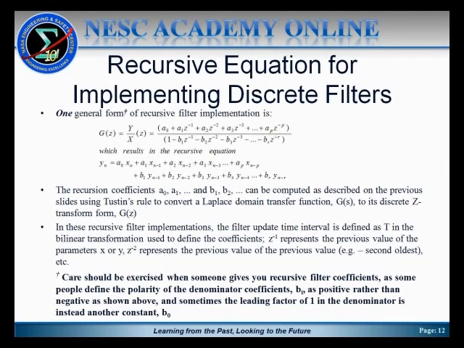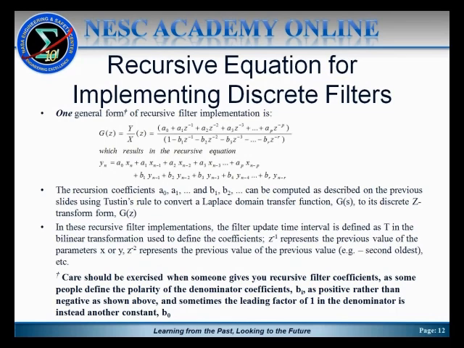As I said, some people don't assume that -1, so their denominator would be 1 plus b1 z to the -1 plus b2 z to the -2, etc. And also, sometimes that leading factor of 1 is not a 1. So instead of it being 1 minus b1 z to the -1 as shown, it might be b0 minus b1 z to the -1.